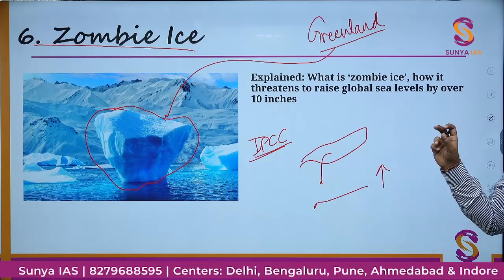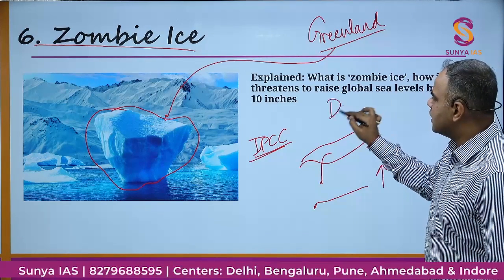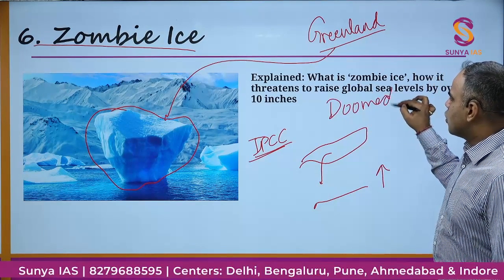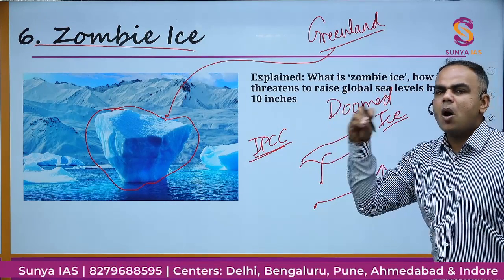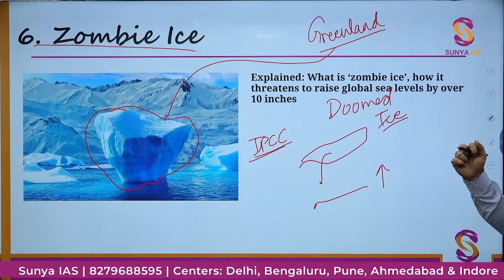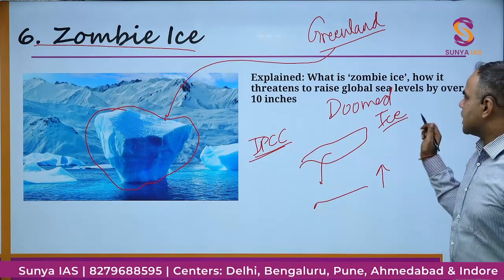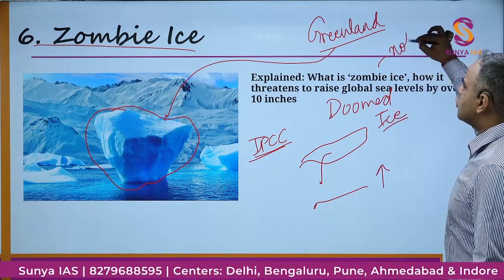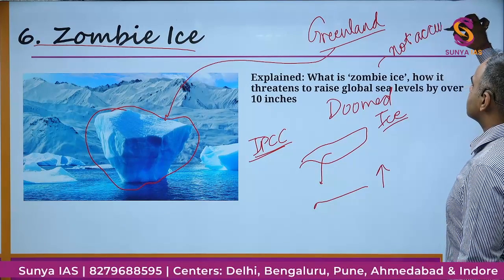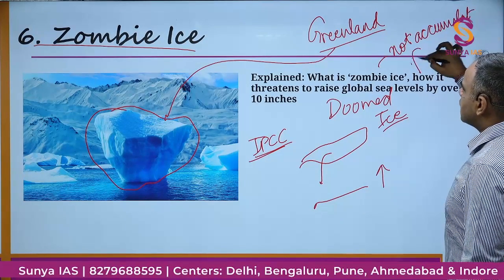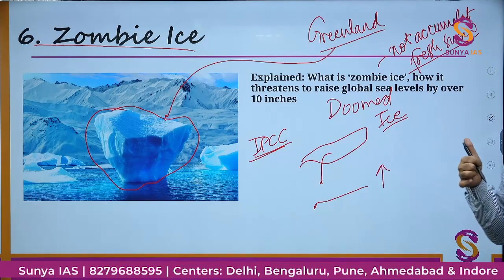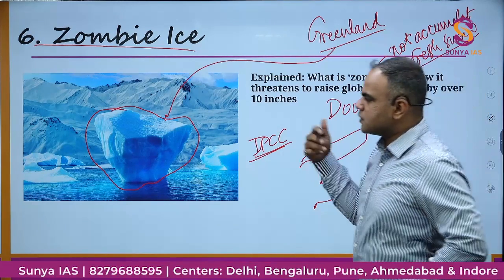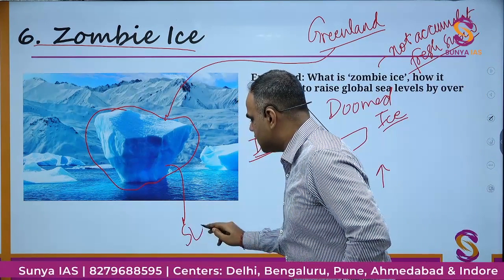Zombie ice is also known by another name, doomed ice. If you get the term zombie ice or doomed ice, both mean the same thing. Secondly, it is not accumulating fresh snow. These two things you need to know here. And this is melting, and because of this there is going to be an increase in the sea level.